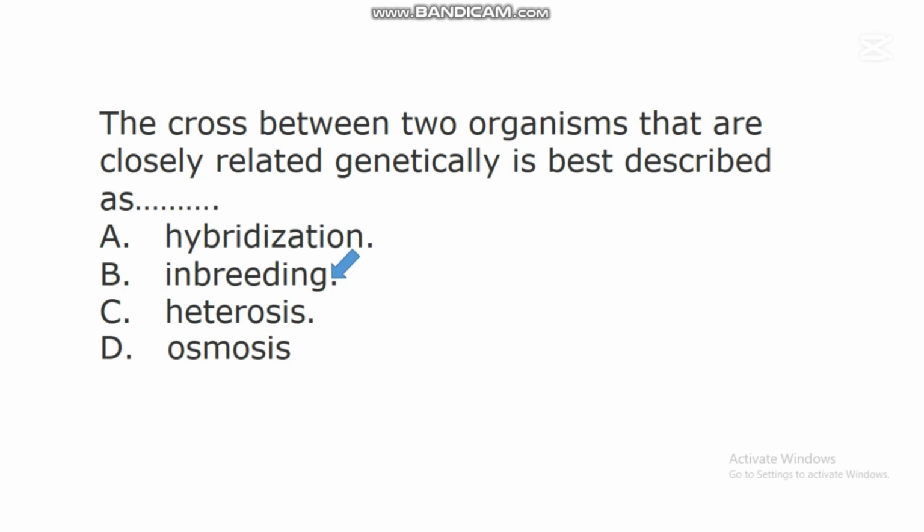So when the male offspring mates with the female offspring, the process is called inbreeding. So the cross between two organisms that are closely related genetically is best described as inbreeding.